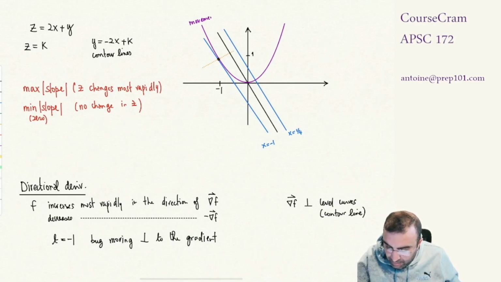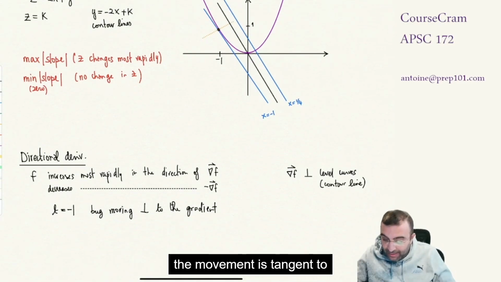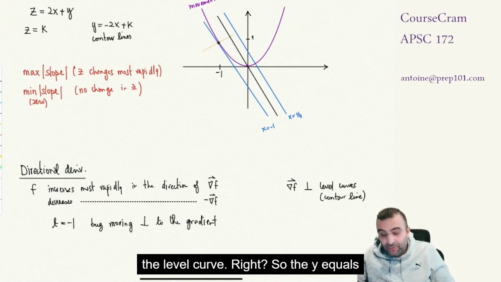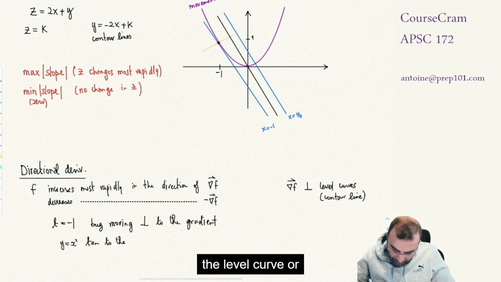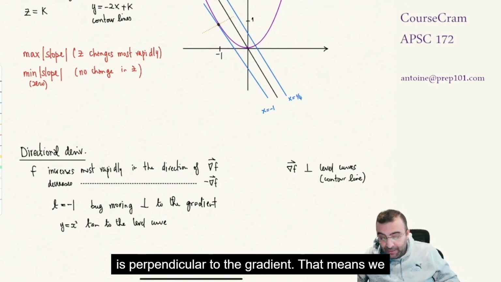Movement, and this is the gradient. Because the movement is tangent to the level curve, right? So y equals x squared is tangent to the level curve or the contour map. That means the movement is perpendicular to the gradient.